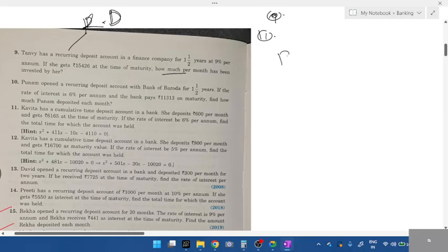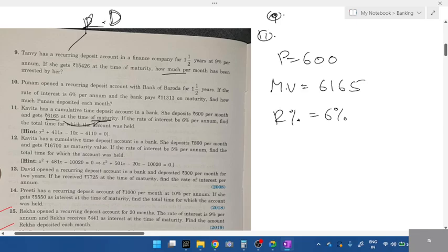She deposits principal of 600 per month and gets 6,165 at the time of maturity. What do you mean by at the time of maturity? That is maturity value. 6,165 is the maturity value. If the rate of interest is 6%, R percent is equal to 6%. Find the total time for which the account was held.